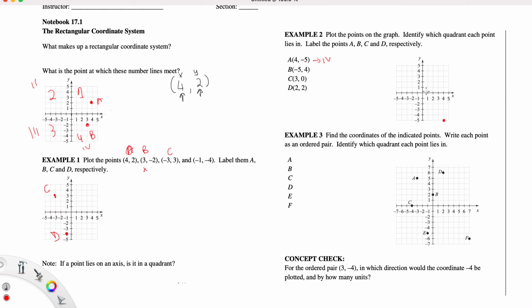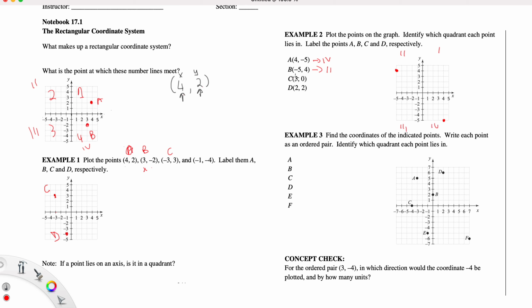I know we're all at different paces. And then just go over and make sure you understand. So B, negative 5 for x and then up to 4. So you're going to go x negative 5 and then you're going to go up here to 4. So that would be in quadrant 2. Remember, it goes 1, 2, 3, and 4.